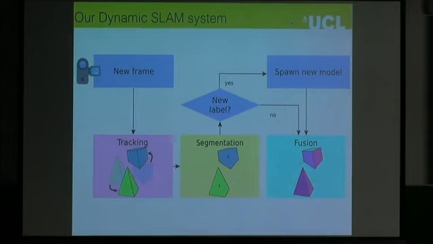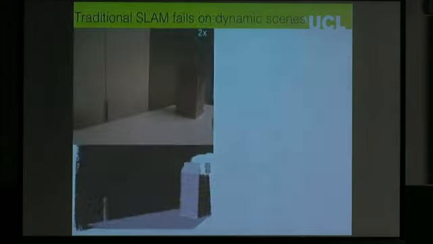We can use multiple cues to do this segmentation. And each time a new label, a new object comes in, we spawn a new model, and then we follow that by fusing the geometry. So we're maintaining a few different models for each of the different objects that we've detected in the segmentation process.